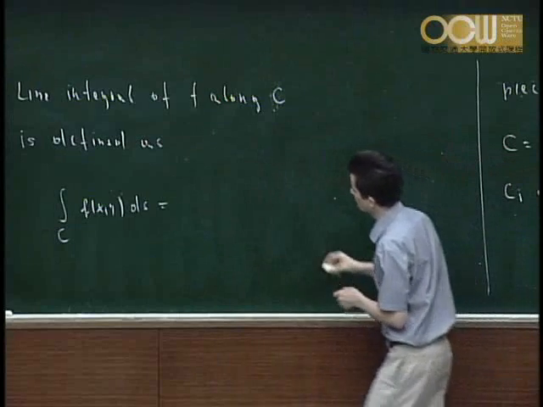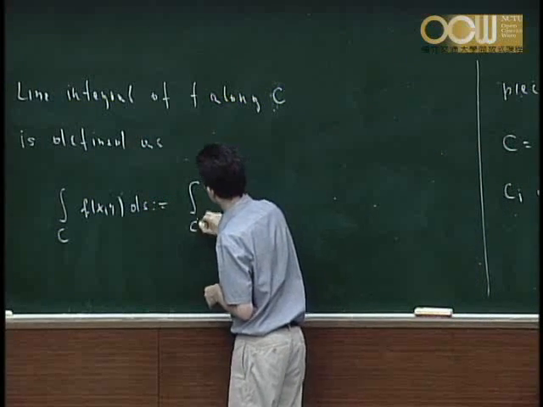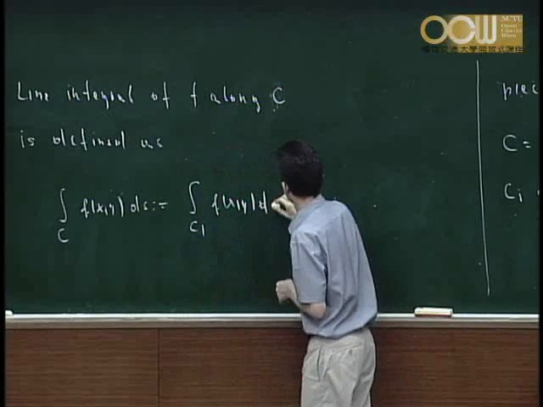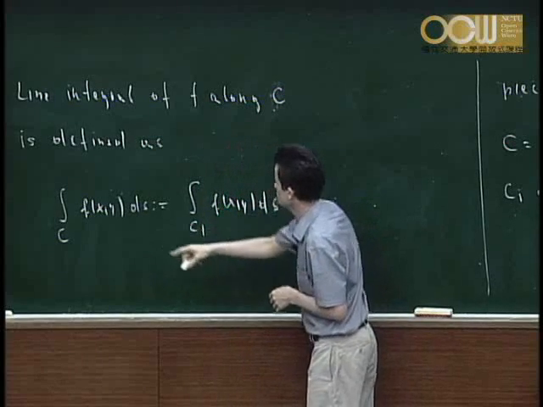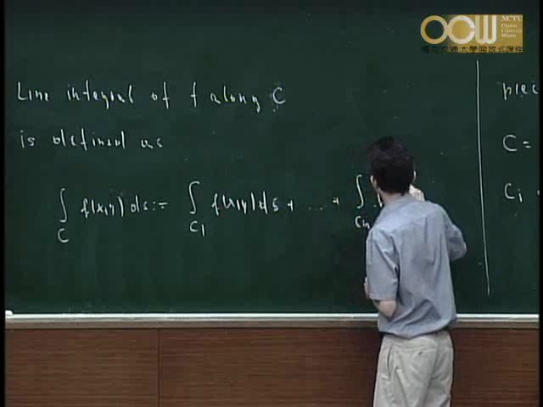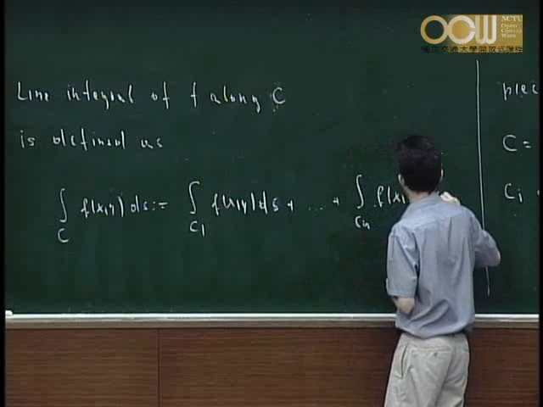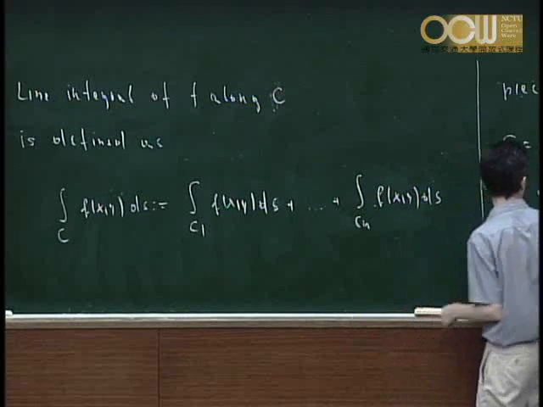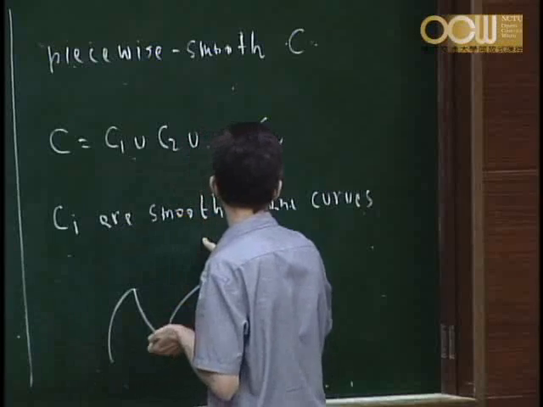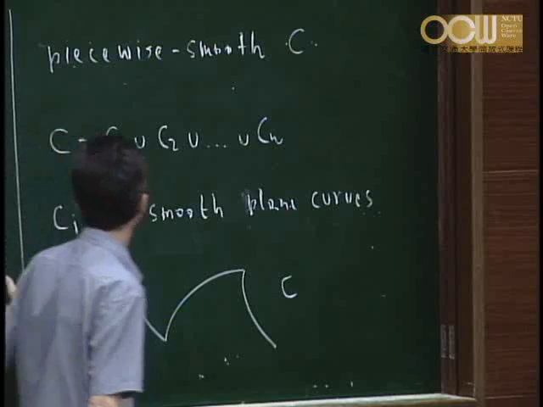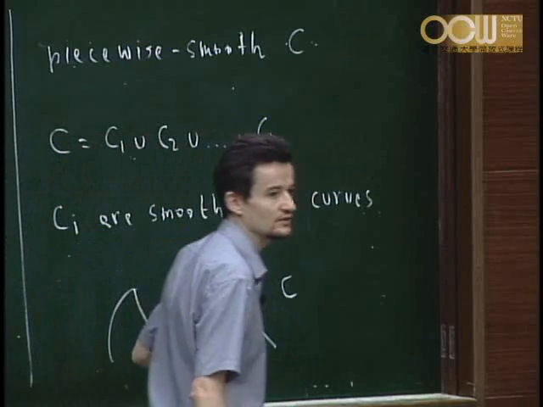So what we say is, okay, in this case, by definition, we just define this object here as the sum of the line integrals over the smooth plane curves which make up C. Okay, and this actually doesn't matter how you write this decomposition.